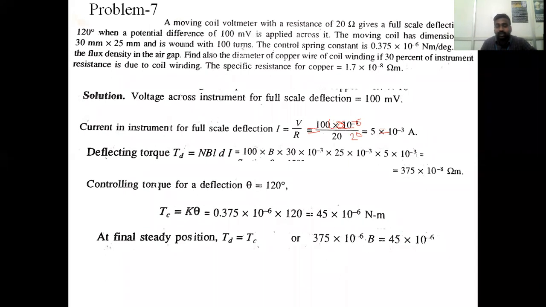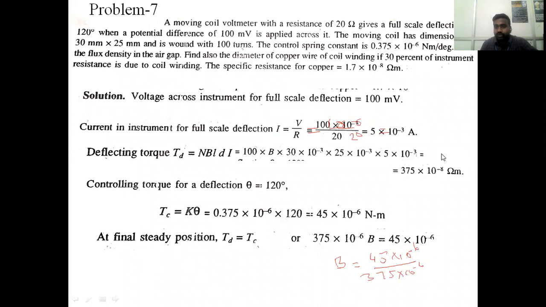Capital B is equal to 45 into 10 to the power of minus 6 divided by 375 into 10 to the power of minus 6. What is the value of flux density? Flux density is represented in Weber per meter square.